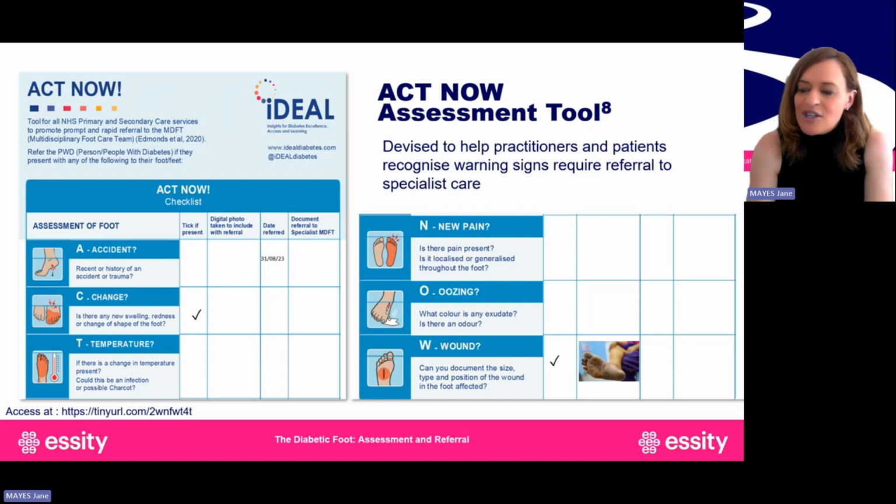So those patients that have previously had ulcers or amputations are at high risk of a further amputation, and those with peripheral arterial disease and neuropathy. The patient with an active foot ulceration, active diabetic foot problem, that's your top one.